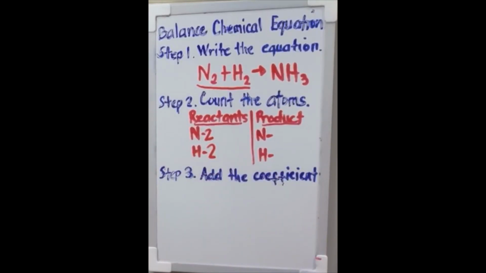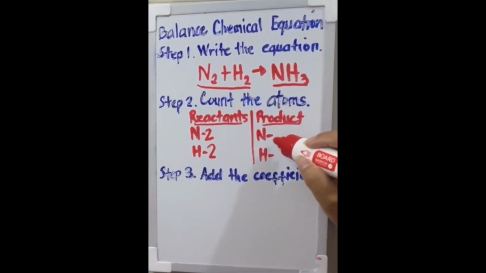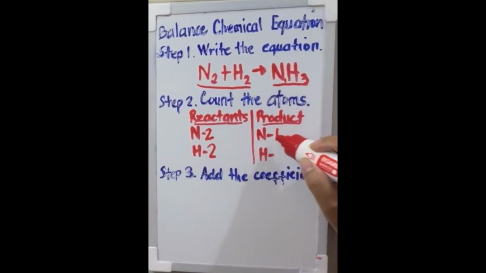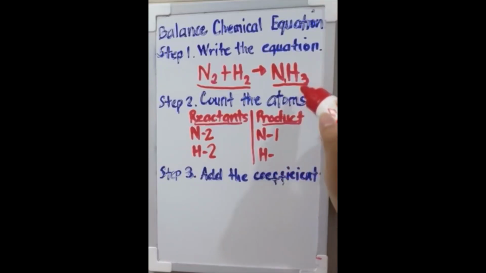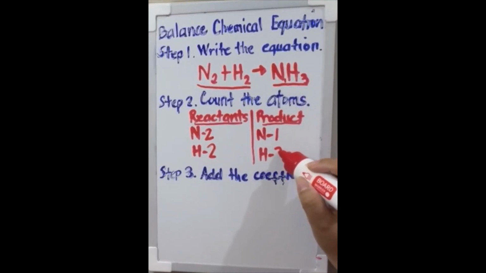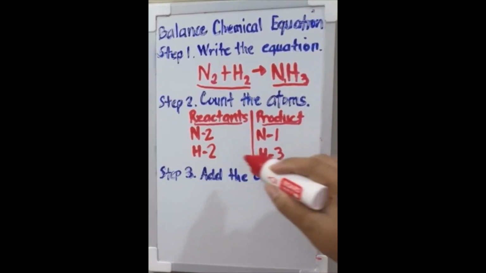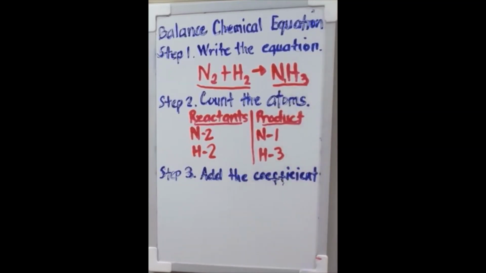On the product side, in NH3, nitrogen doesn't have any subscript, so it's understood to be 1. For hydrogen, we have 3 atoms. Looking at these numbers, we can say that the equation is not yet balanced.